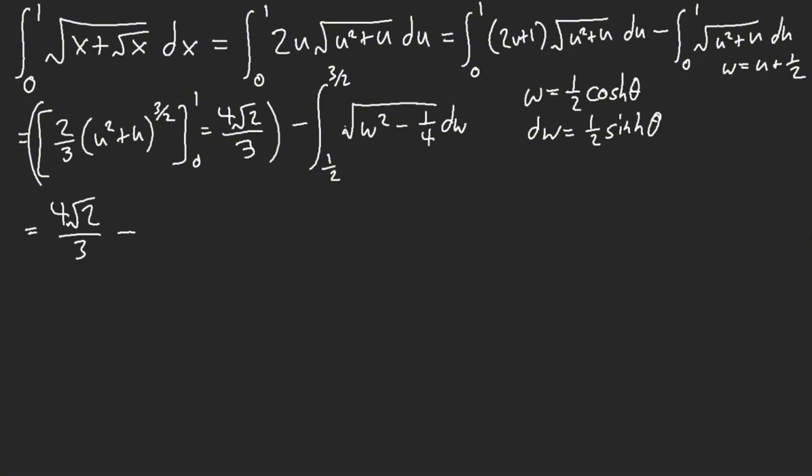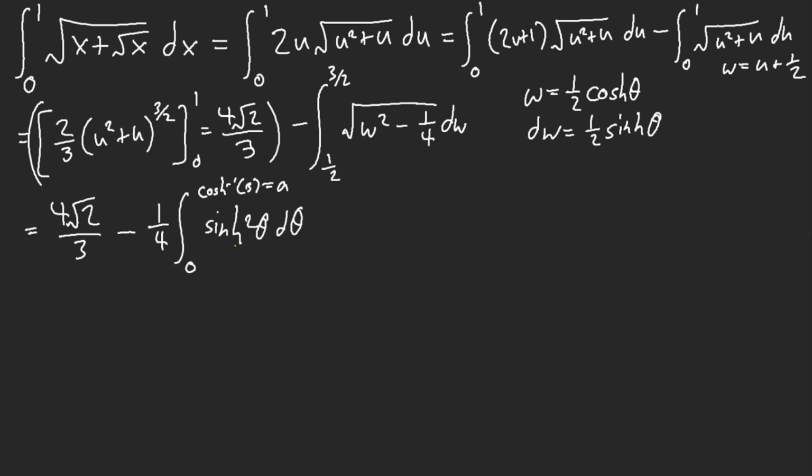We're going to have 1/2 and then a half here, so it's going to be 1/4. Oh, I'm sorry, the bounds changed because we did a hyperbolic sub. So half here, theta is going to equal 0. 3/2 here, we're going to get inverse cosh of 3, which I'm going to label as A. And the rest comes out as sinh squared theta d theta.